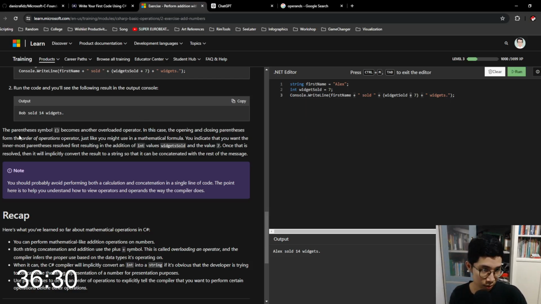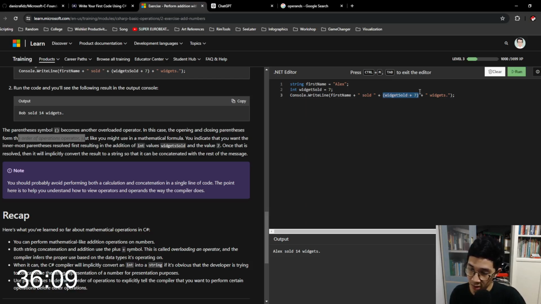So it's the order of operations operator, just like you might use in a mathematical formula. In mathematics, parentheses are the first priority to be done first.